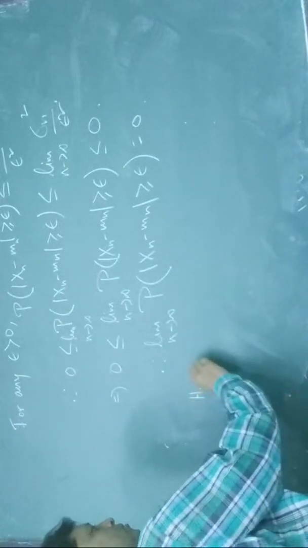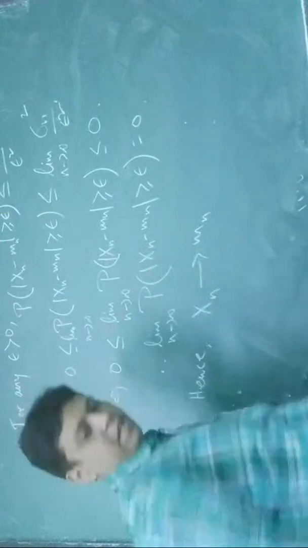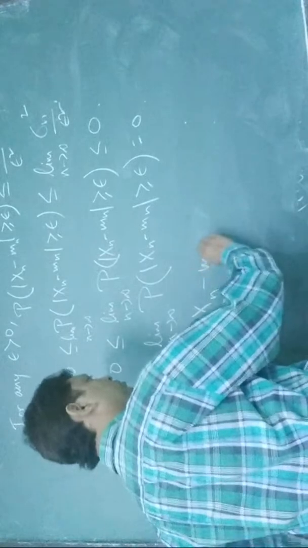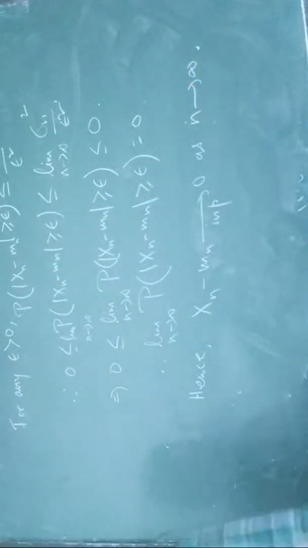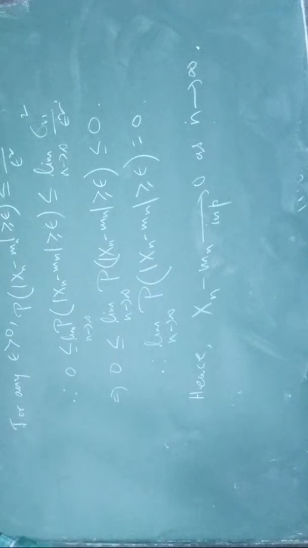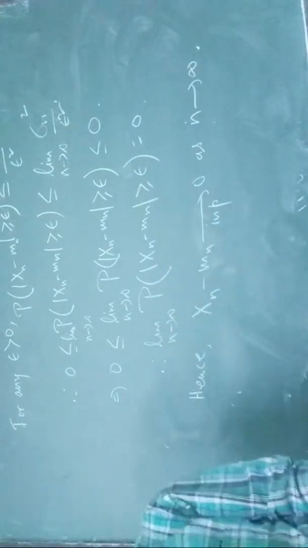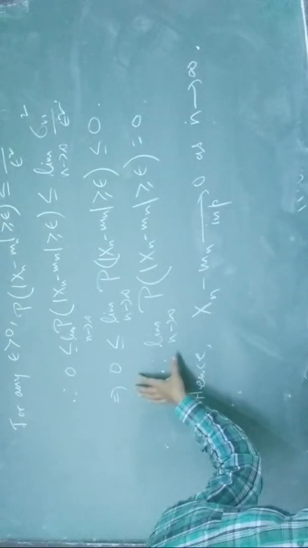Hence xn minus mn, that is a very simple proof using Chebyshev's inequality. That means this tends to 0 in probability. Clear? This is your Chebyshev's theorem.